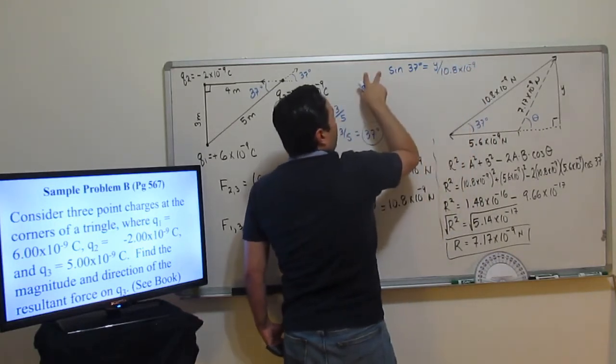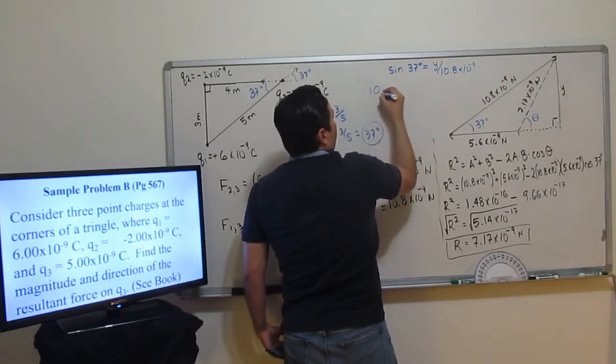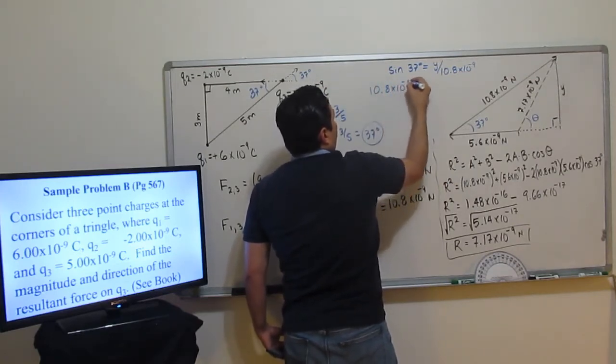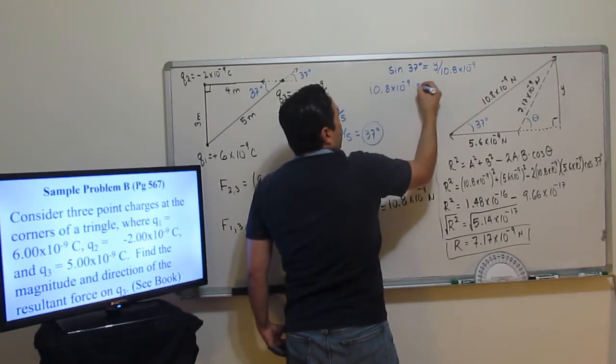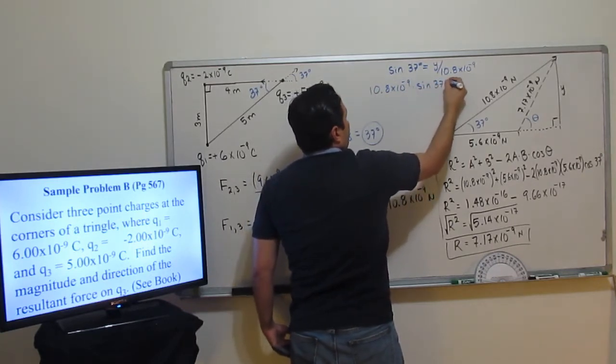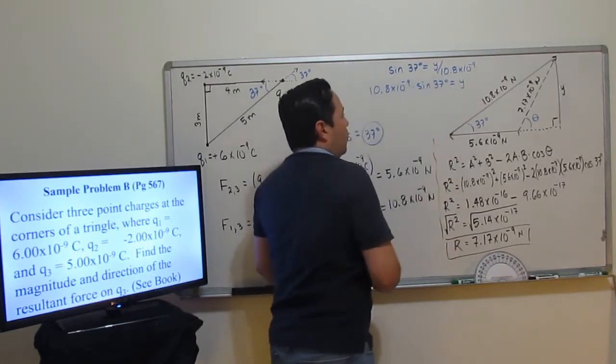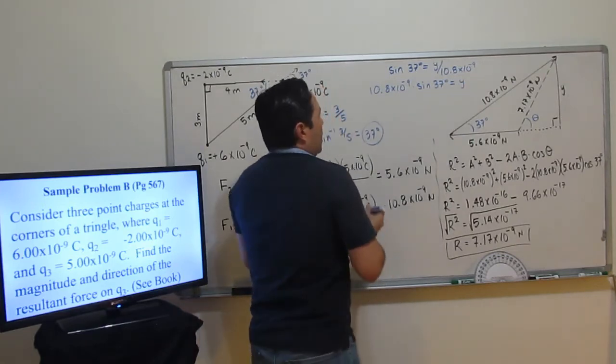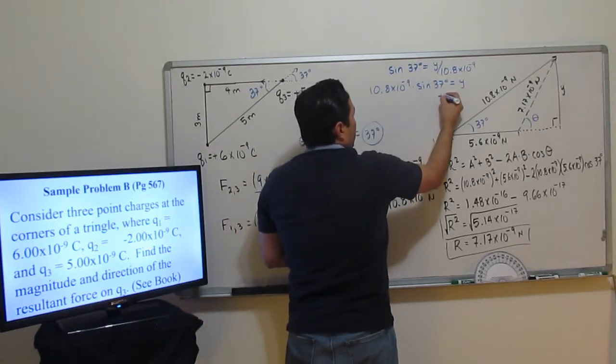So we'll move this one over here, giving us 10.8 times 10 to the negative 9 times sine of 37. That equals that distance y right there. Great. Now we have it. Let's go ahead and solve.